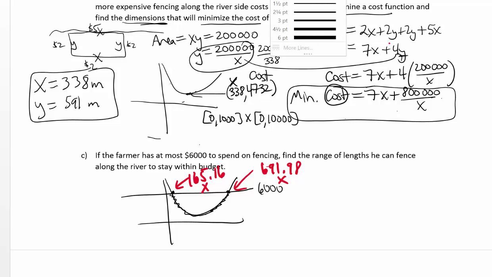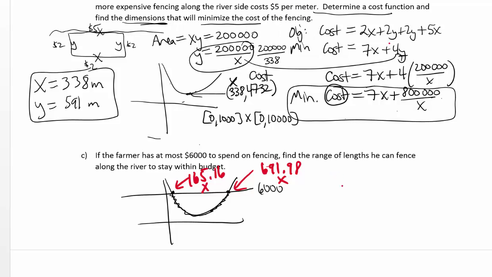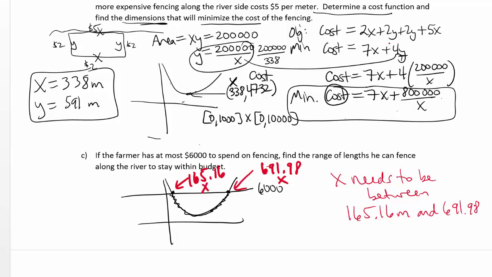So to answer this question, x would need to be between 165.16 meters and 691.98 meters, or if you wrote it as an interval, 165.16 up to 691.98. If I use those x's, then I'm going to be using costs that are all below $6,000.